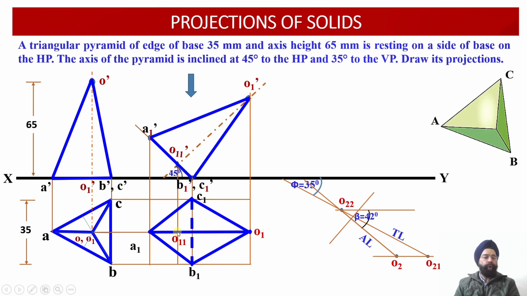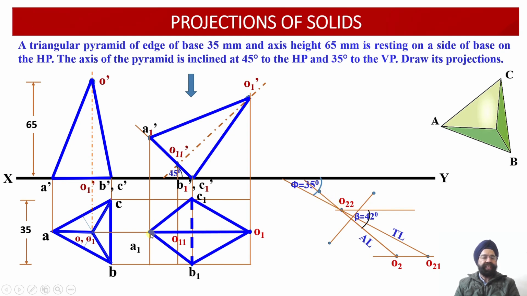Similarly, from O1, we measure this distance along the axis orientation, and point A1 will be located. As we move along this side, point O2 or O1 will be located over here. From O2, if we draw this point, point A2 will be located over here.